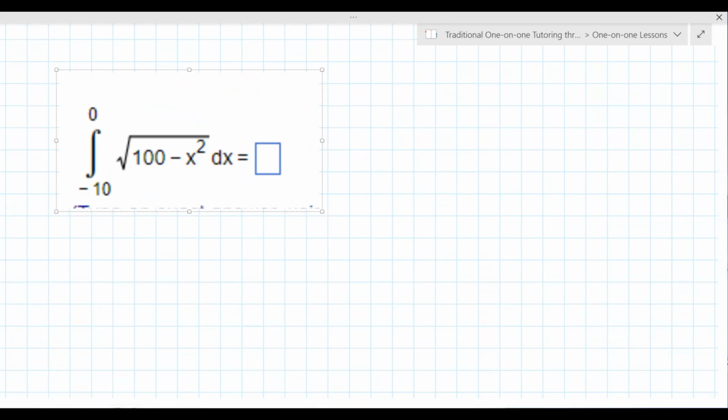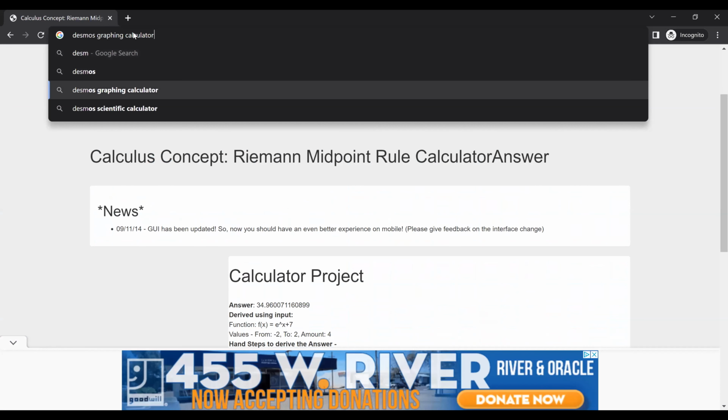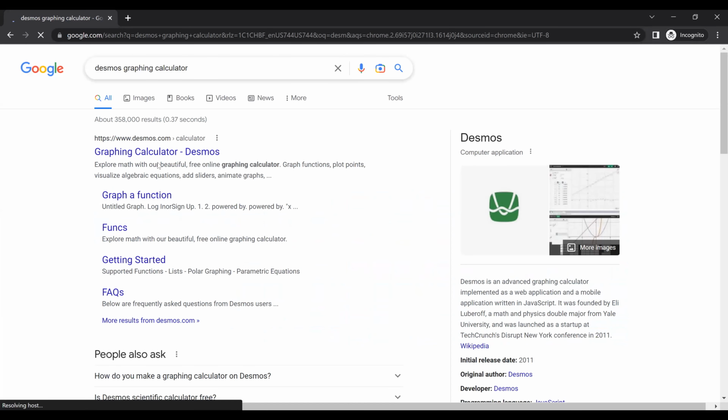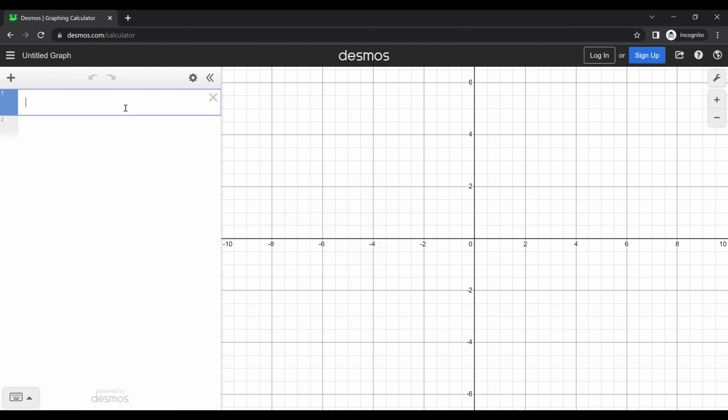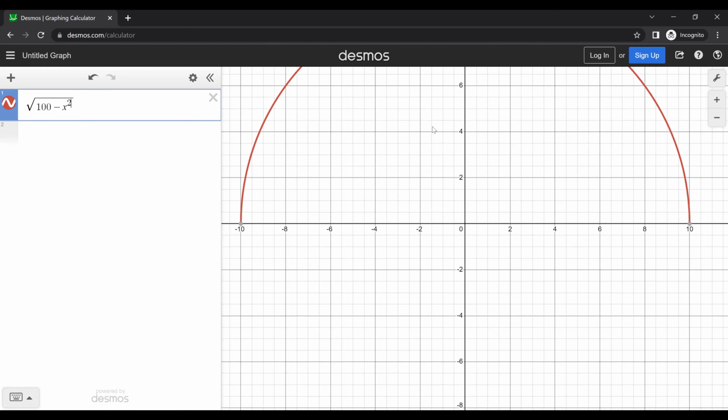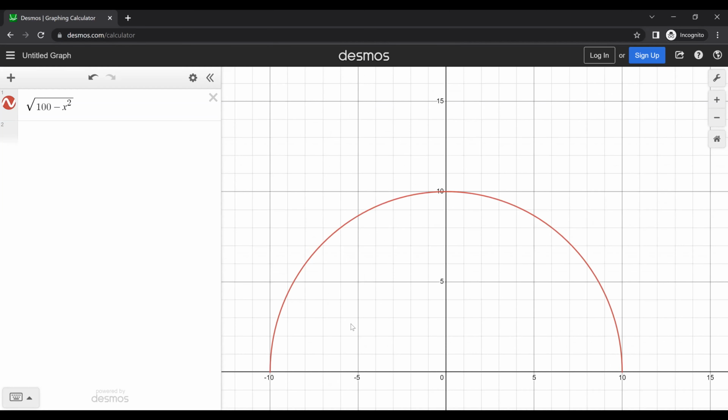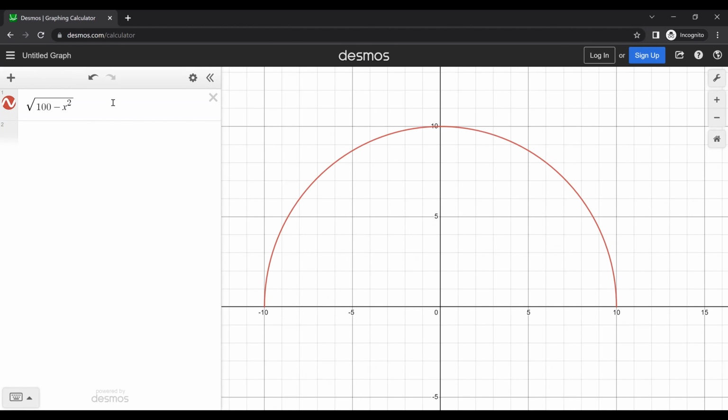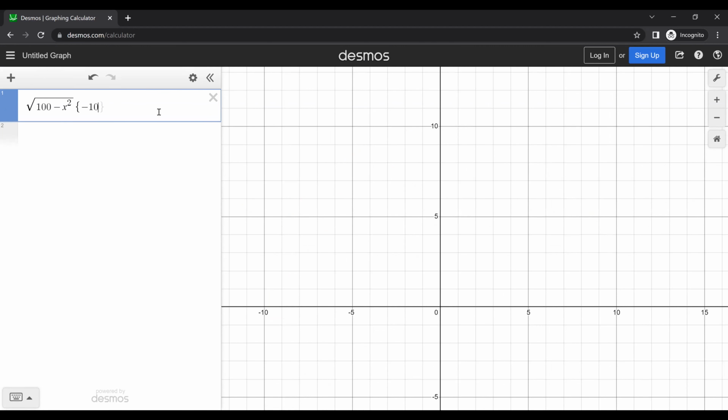So let me go back to that other screen here, and we'll go to Desmos this time, graphing calculator. If you graph what's inside, it's the square root of 100 minus x squared. And you zoom out a little bit, you're like, oh, that's a half circle. But we only want it from minus 10 to 0. So now it's a quarter circle.